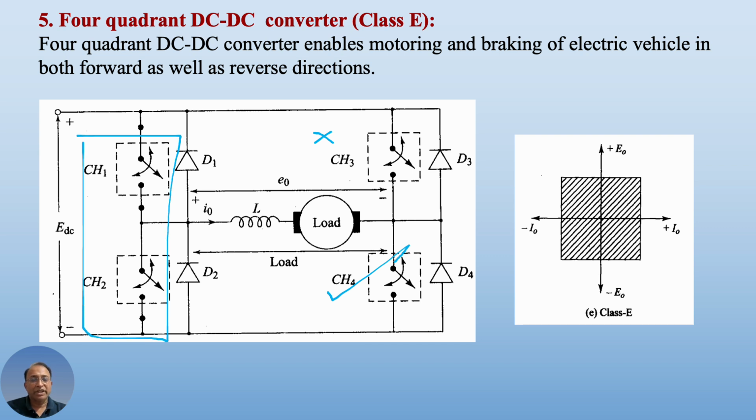When chopper 4 is turned on and chopper 3 is always off, the combination of CH1 and CH2 put together will enable the operation of the first and second quadrant, wherein the voltage appearing across the motor will always be positive, but current will flow in either the positive or negative direction, as we have studied during the class C chopper, or 2-quadrant chopper.